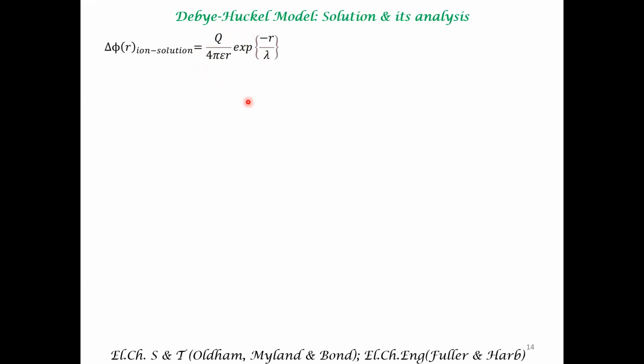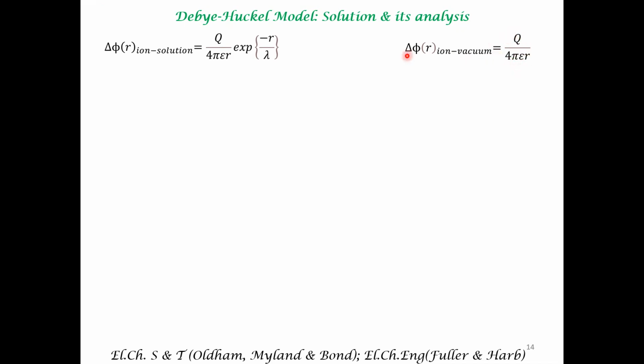Let's contrast this solution to a system for which I have some intuition already. I have a mathematical formula for del phi for an ion that is present in vacuum. What is my solution? That is Q by 4 pi epsilon r. That is my del phi for an ion present in vacuum.